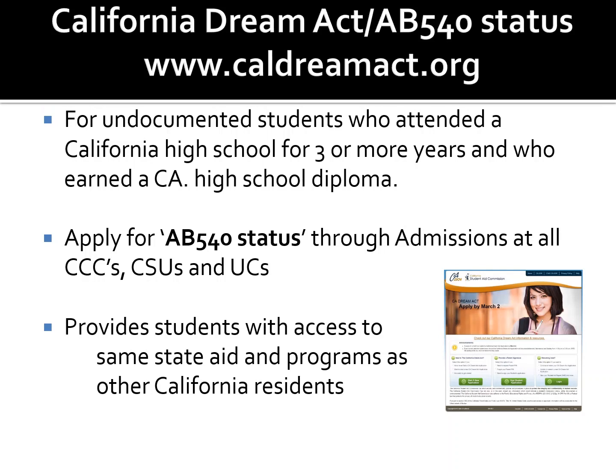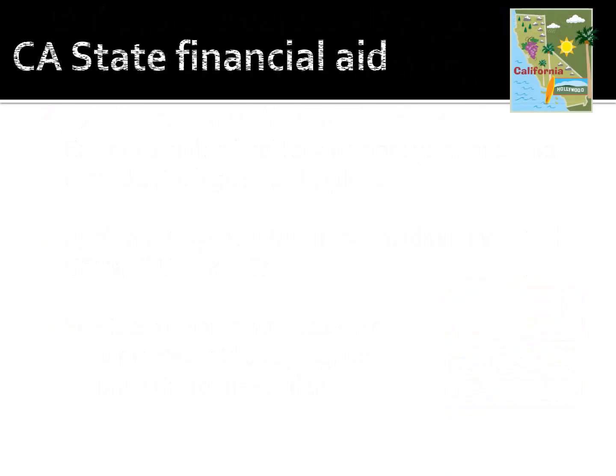You do have to apply for this status through the Admissions and Records Office at any of the colleges you will be attending. What the AB 540 status does is give AB 540 status students, or students applying through the CADA, access to the same programs as other California residents.